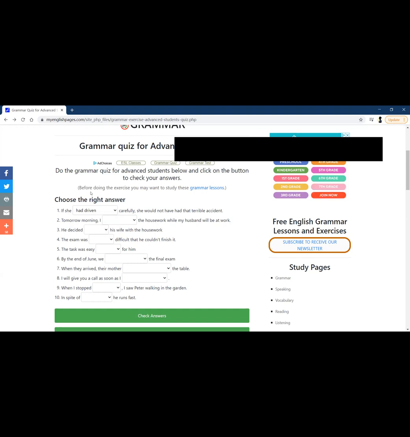Once past perfect tense appears with a present perfect tense, it means that the present perfect tense happens after the past perfect tense. So this should be had driven carefully, because he drove carelessly, so he had that terrible accident.